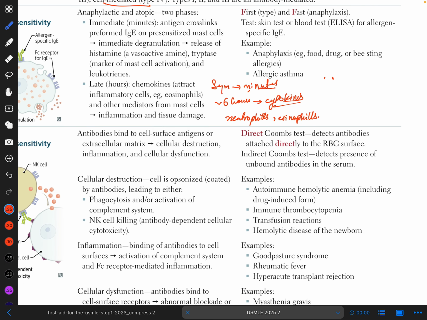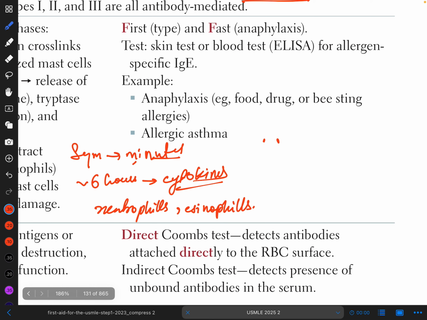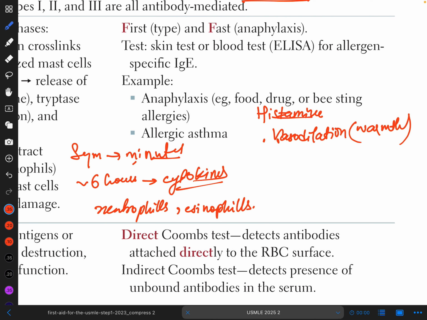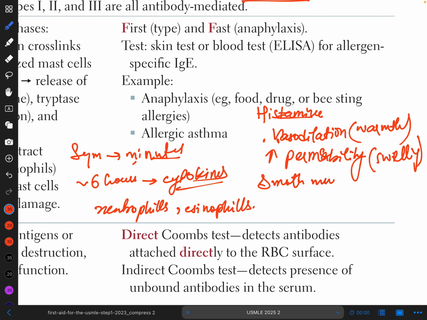In type 1, the most common mediator is histamine. Histamine causes vasodilation and increases the permeability of venules, which causes swelling. It also causes smooth muscle contraction that results in bronchospasm.